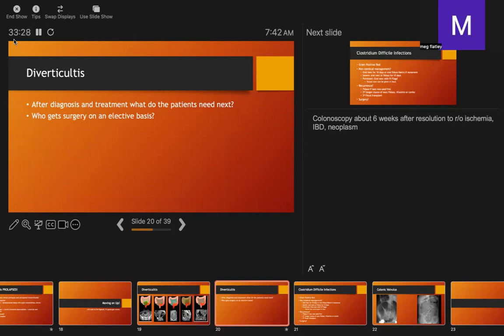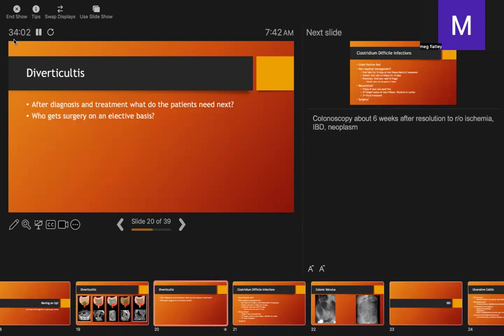For the purposes of the test, they shouldn't really ask you this, but if they've had complicated diverticulitis, and by complicated they mean an abscess greater than 3 centimeters, a fistula, frank peritonitis, those people can get surgery. A micro perforation is not complicated, but frank perforation, that sort of thing. It's really just a discussion with the patient in real life, so I don't think they'll ask a question that's that hard.